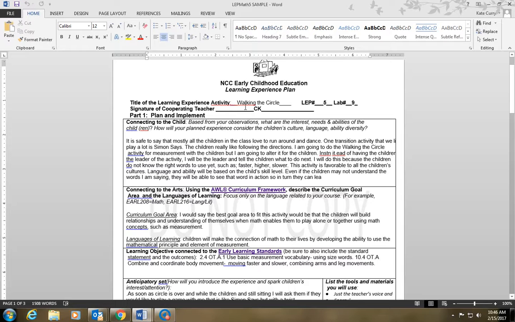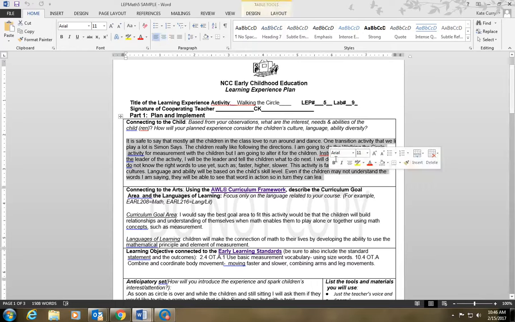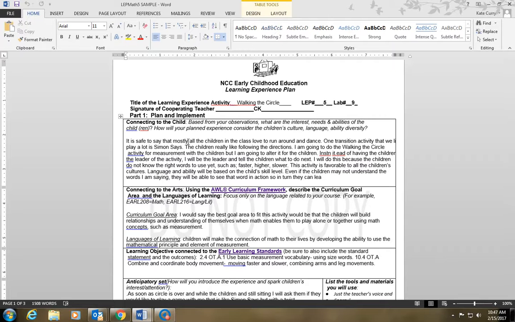It looks a little bit different than the wide one you just saw, but you can see here that the observation, it looks like it has a spelling error here, is talking about what the kids can do and what you have observed about the children.